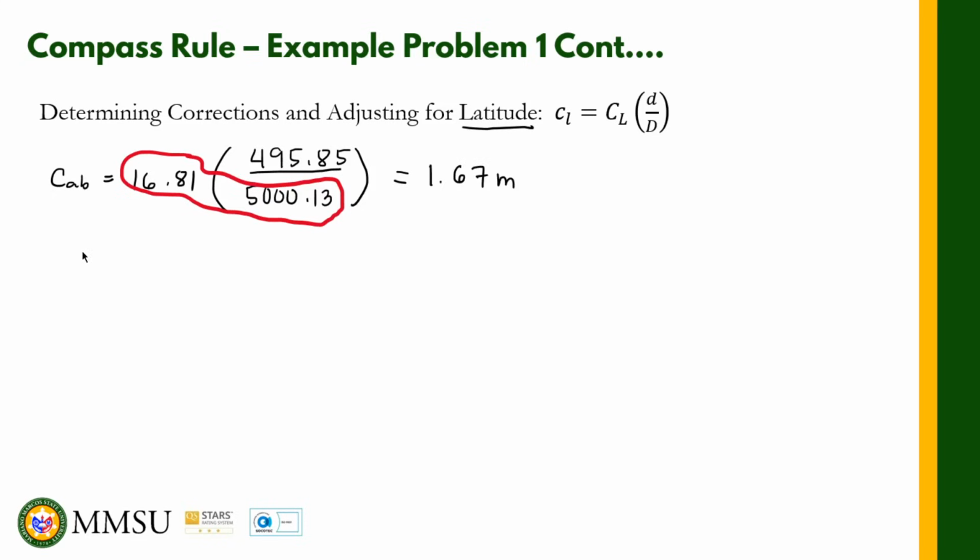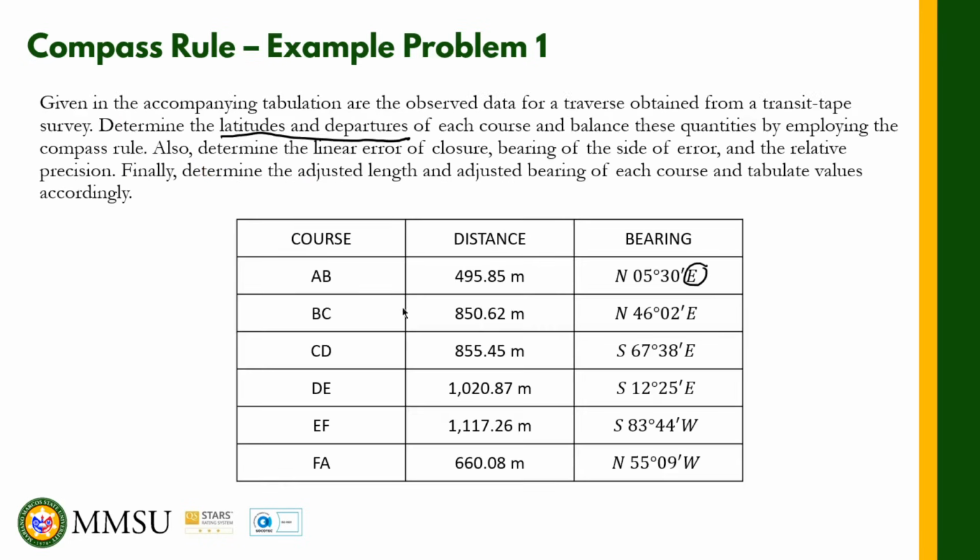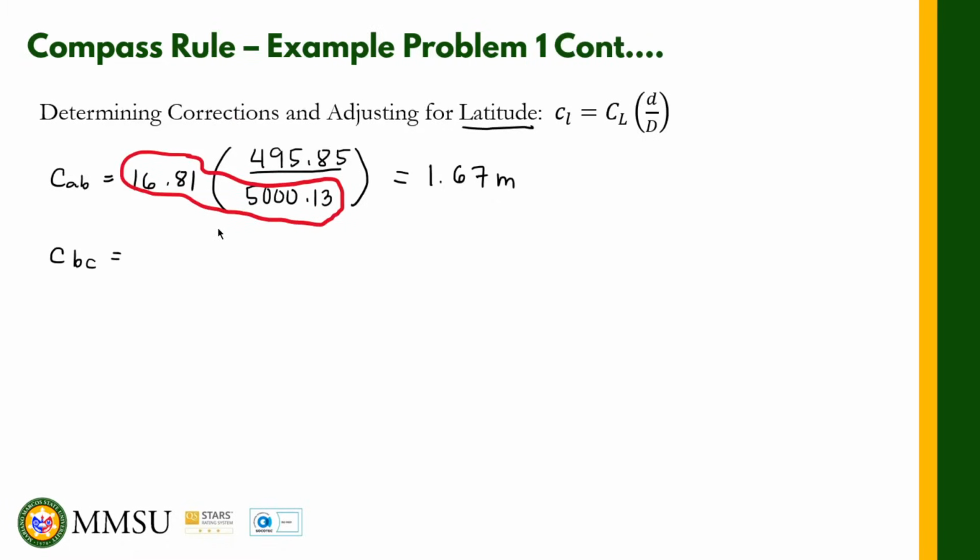Ngayon, for the correction of BC, yung A kanina, i-multiply ko na lang doon sa distance ng BC, which is 850.62. Di ba? Mabilis na lang. So, A times 850.62. Okay? And we have 2.86 meters.